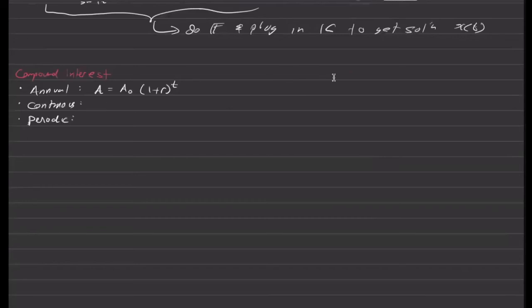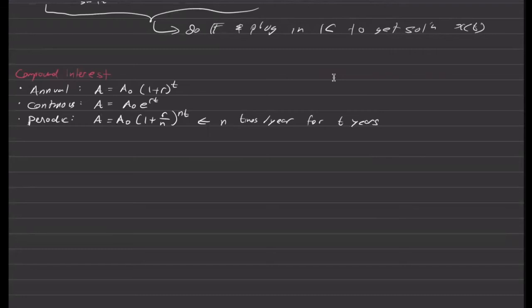Continuous: A is equal to A naught times e to the rt. And then periodic: A is equal to A naught times (1 plus r over n) to the power of nt. Here, this is when you have your interest n times per year for t years.